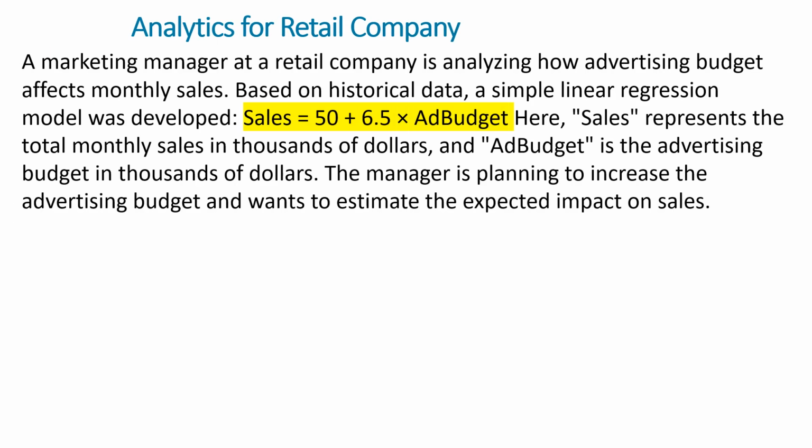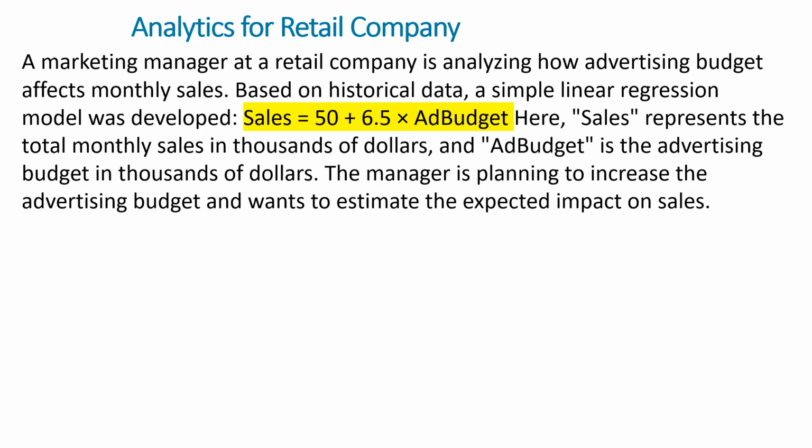We have another example for a retail company: sales equals 50 plus 6.5 times advertisement budget. I took this example from last week's practical activity, because I gave you an Excel file with different advertisements. So how can you increase sales by using different advertisement budgets?